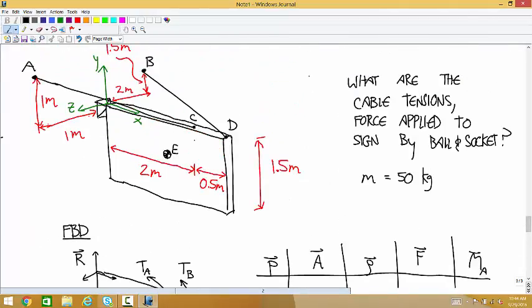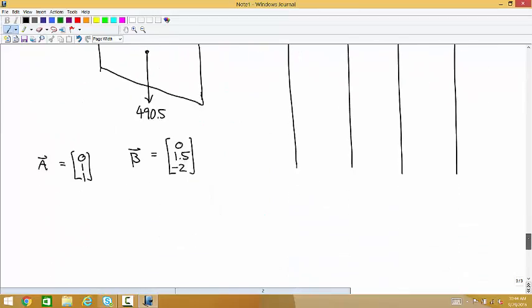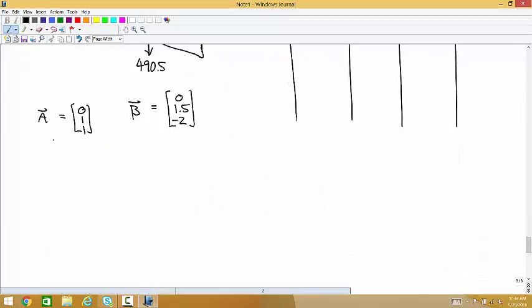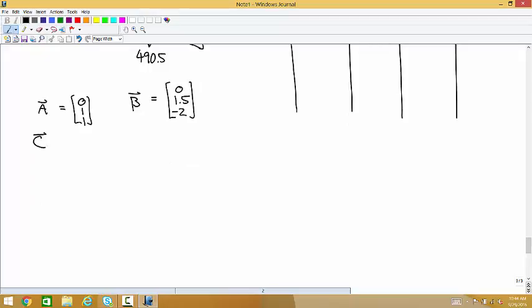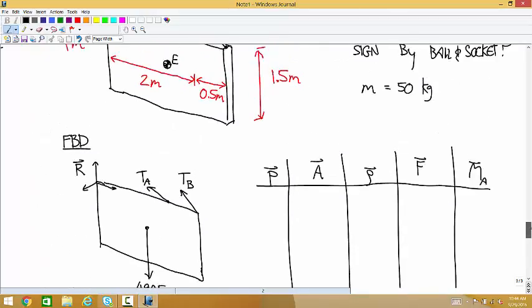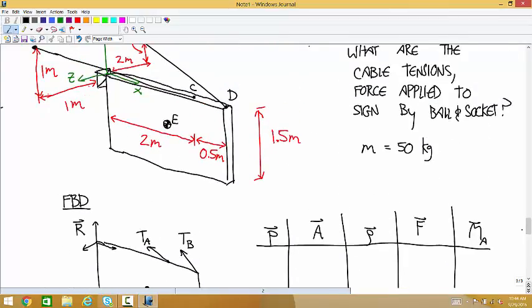The point C, how far is that in the x direction? +2. And then there's no y or z. The point D, how far in the x direction? 2.5, no y or z.